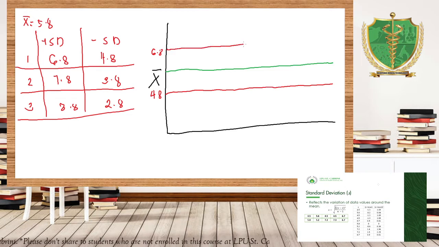Next, our 2 SD is 7.8. Let's make it positive 2 SD.